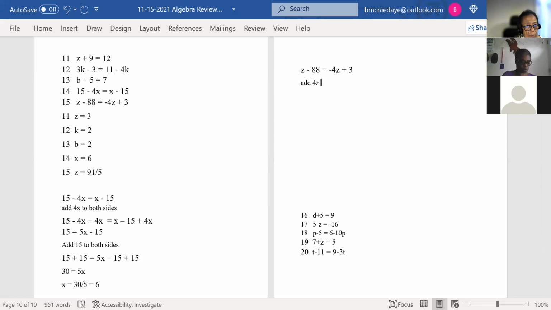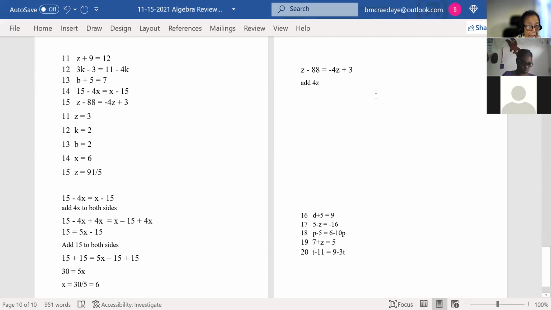I did subtract a number so that I could get 88. So I probably did it wrong. No, so you want to get the minus 88 and 3 together, and you want to get the Z's and the minus 4Z. So you could either subtract Z from both sides, or you could add 4Z to both sides.